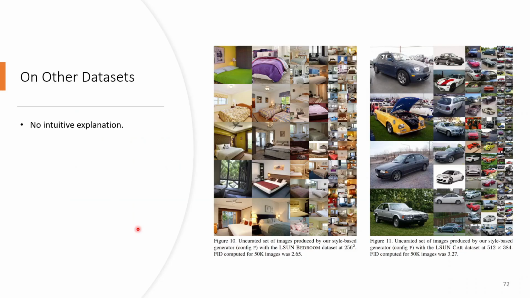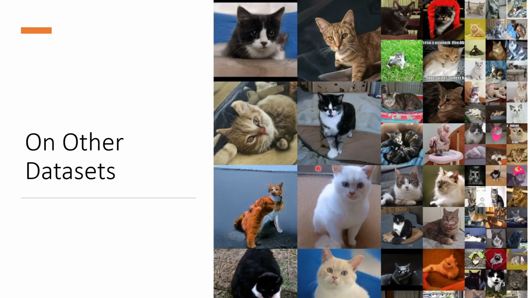So let's see some results. This is the LSUN dataset for bedroom, this is the LSUN dataset for car, and this is the LSUN dataset for cat.